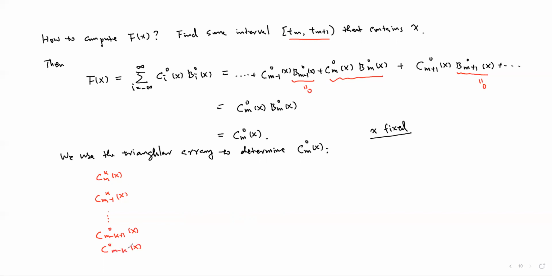So the first column is loaded below Ck. Then compute Cm,k-1 at x.